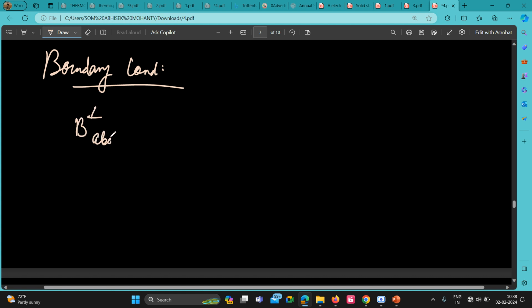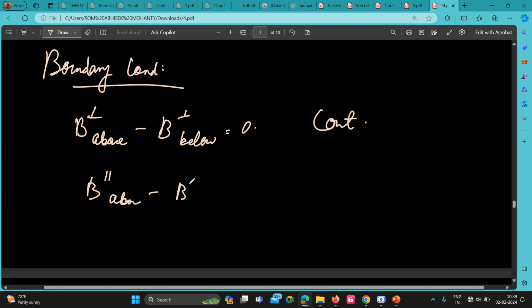Okay. Boundary conditions for the magnetic field. B perpendicular above minus B perpendicular below is 0. This is continuous. But B parallel is the opposite: B parallel above minus B parallel below is equal to mu naught K. This is discontinuous.